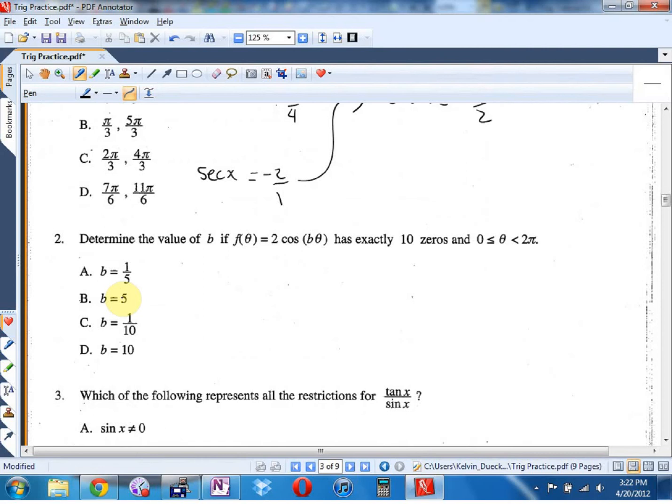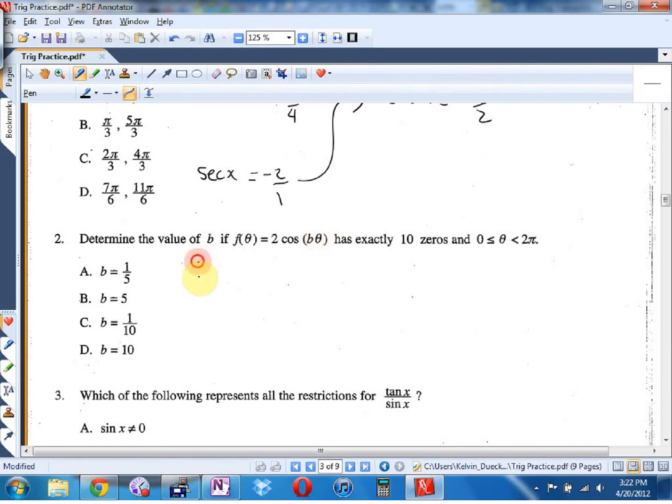It says determine the value of B if this has exactly 10 zeros. 10 answers. If there was nothing there, well, actually, I can't really say nothing. What number is there? It's invisible. But what's in front of an X just by itself?